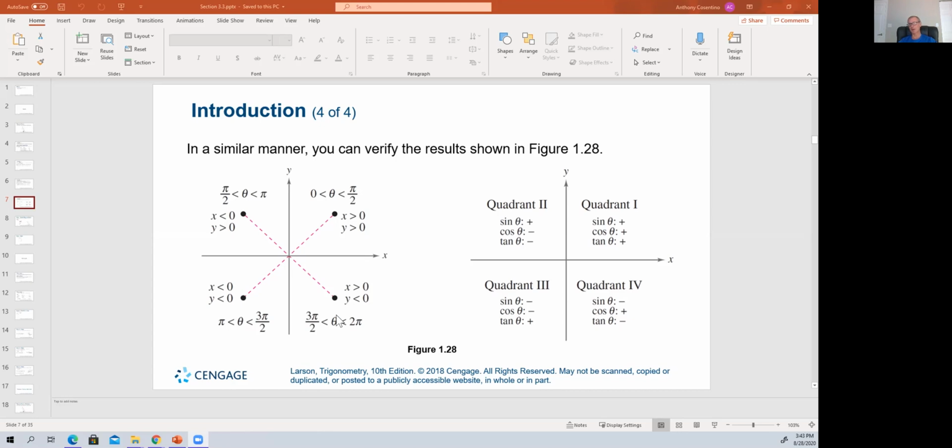Again, the opposite of quadrant 2: sine is negative, cosine is positive, and tangent is negative because one variable is negative and one is positive. Again, remember, the radius or the hypotenuse is always a positive number.